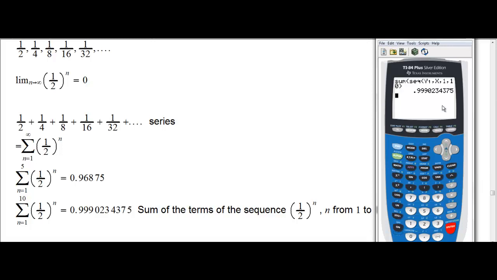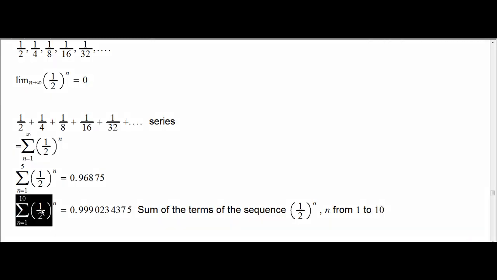Okay, very good. Now say we want to see how it would look if I added the first 100 terms. So here is 1 to 100. It says it stays at 1. Well, that's how far this calculator could do. Let me see how far this one can do it.